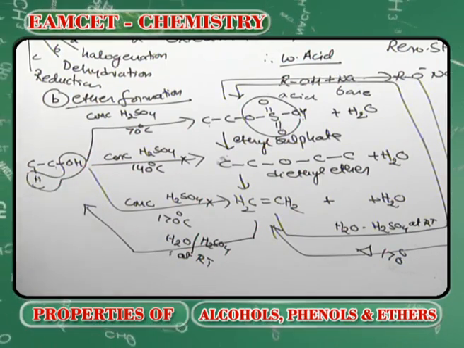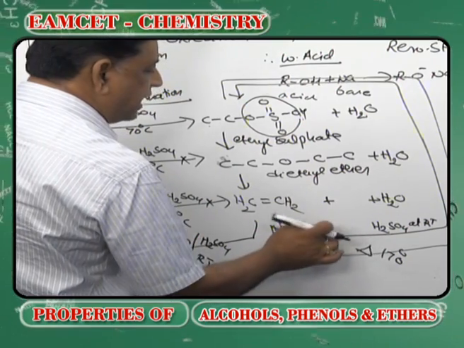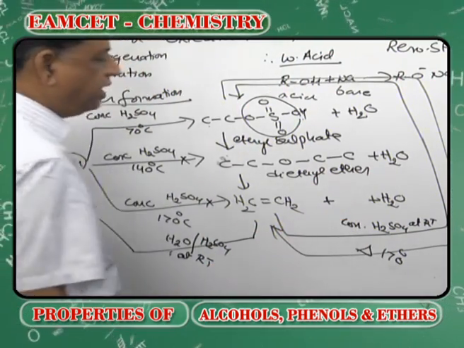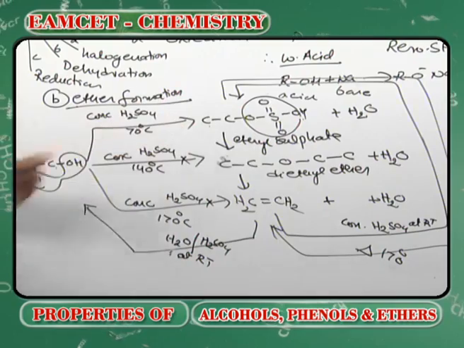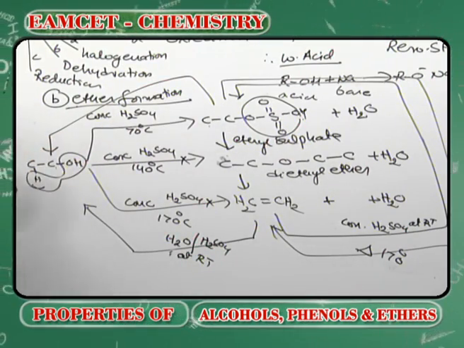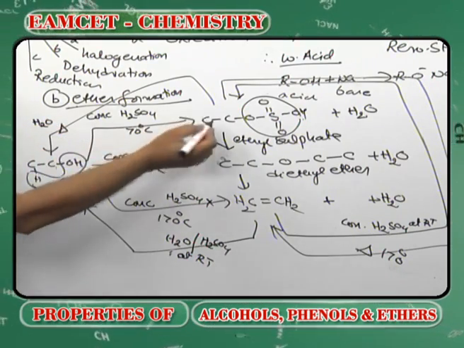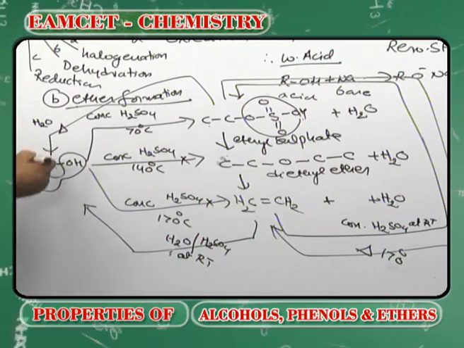If you add concentrated sulfuric acid at room temperature, you will get ethyl hydrogen sulfate. You can also prepare ethanol from this ethyl hydrogen sulfate by heating with water. Add some water and heat it, and ethyl hydrogen sulfate hydrolyzes to give ethanol.